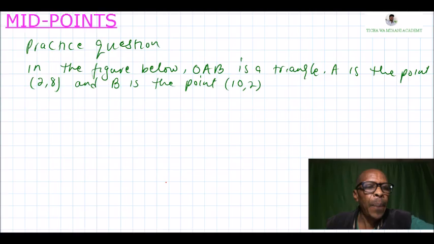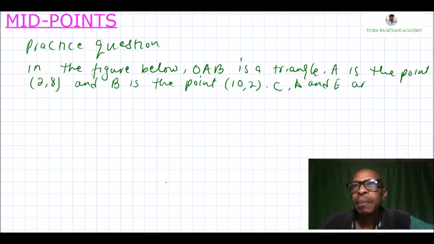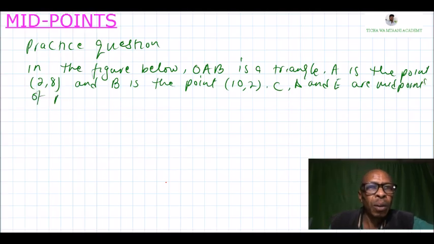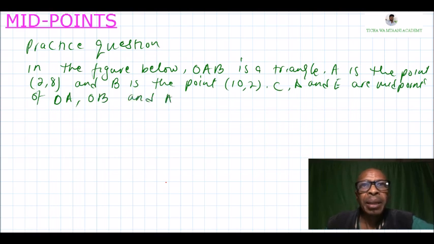Then you are told C, D and E are midpoints of OA, OB, and AB respectively.